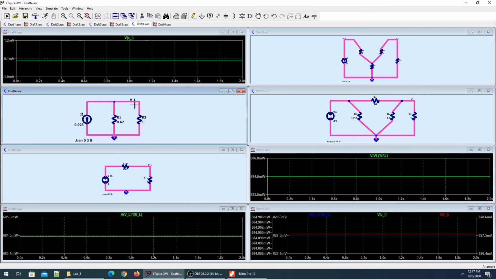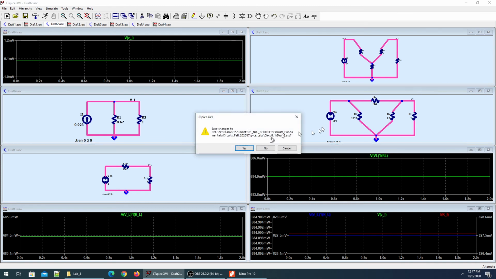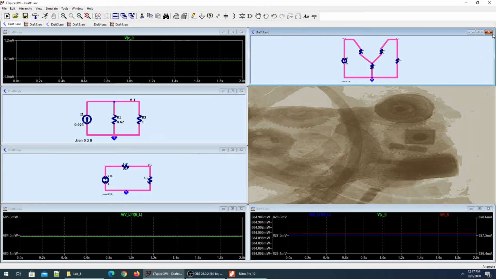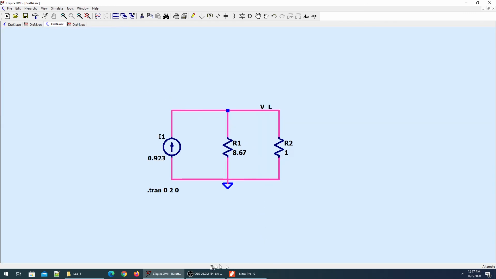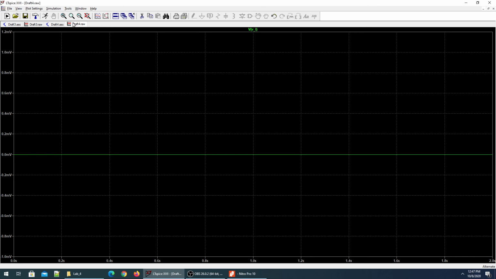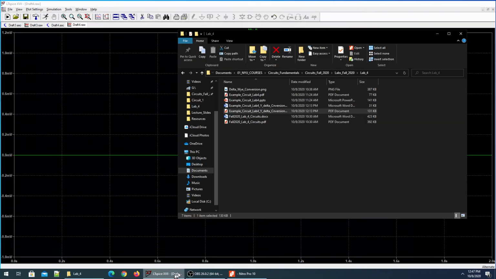So look at my... is there something wrong? Okay, just let me close a few of these circuits. No, I don't want to save. Oh, must be something wrong.